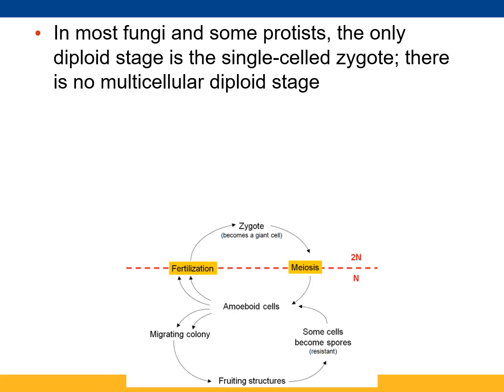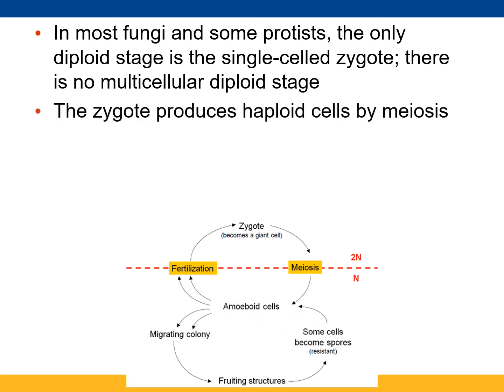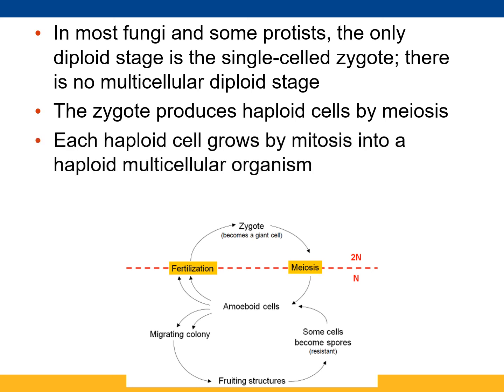In the case of protists, it's similar to the plants and algae, only the zygote, that diploid cell, doesn't ever go to a multicellular stage. They are only multicellular potentially in the haploid form. So that zygote, really all its job is to create haploid cells by meiosis.